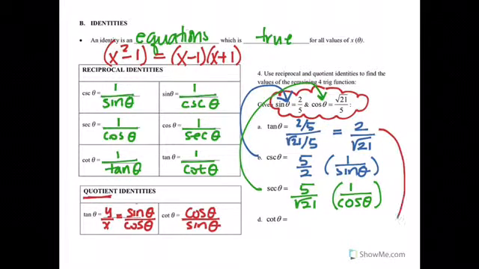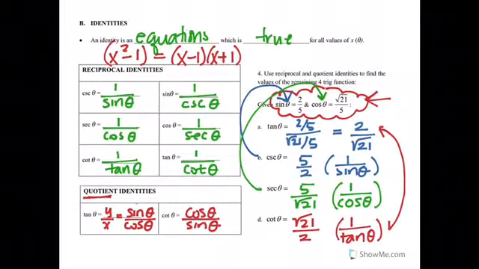Lastly, I can find the cotangent by looking at the reciprocal of the tangent. So this one will be root 21 over 2. In other words, I can take a little bit of known information and use it to find lots of other new things that I might be looking for, other trig ratios.